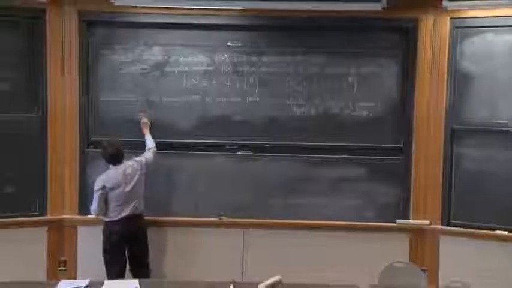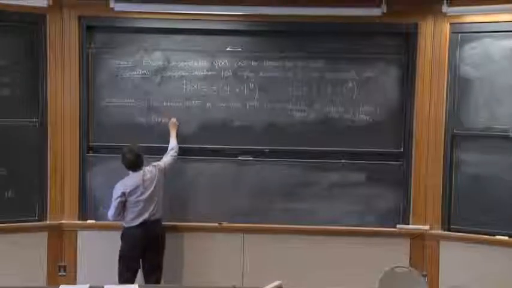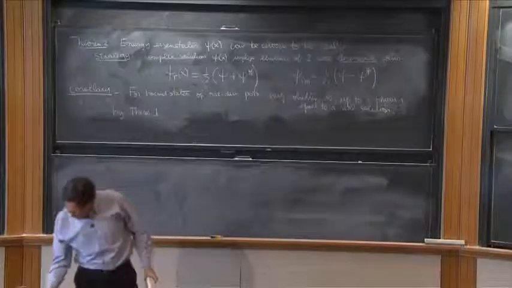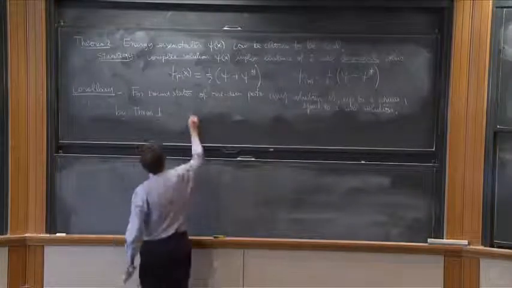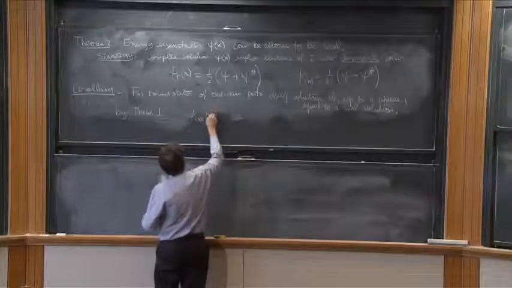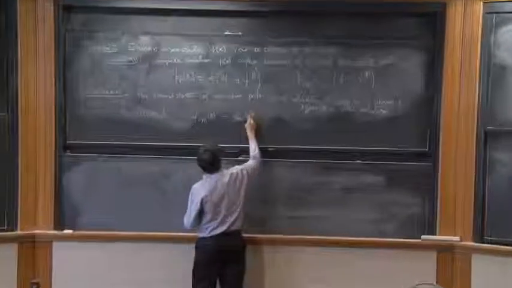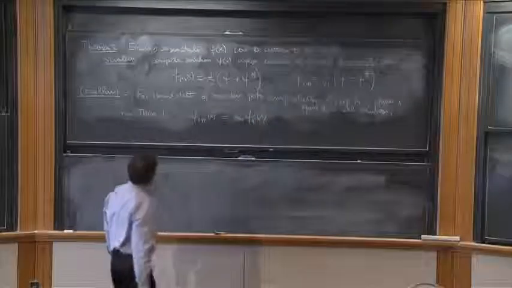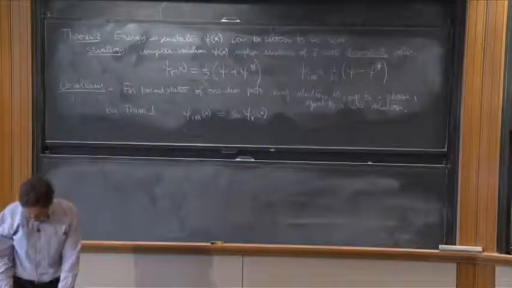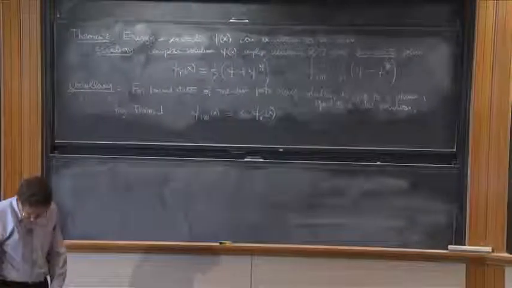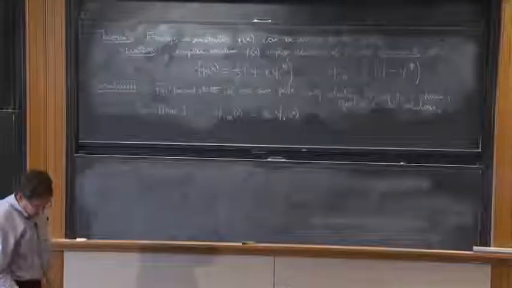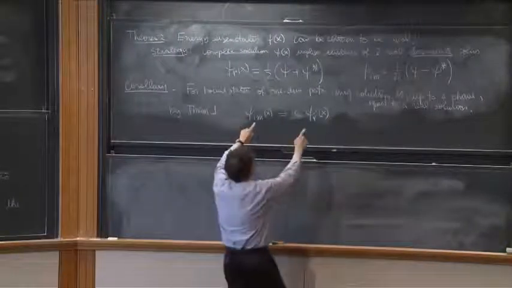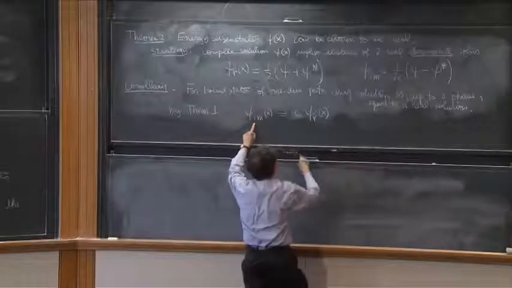So by theorem 1, you must have that, in the notation that I have here, psi imaginary of x must be equal to a constant times psi real of x. Now, if these functions anyway are real, the constant here must be real.